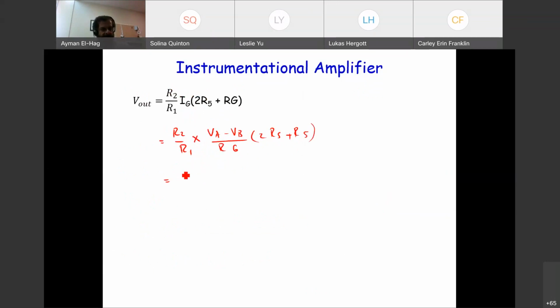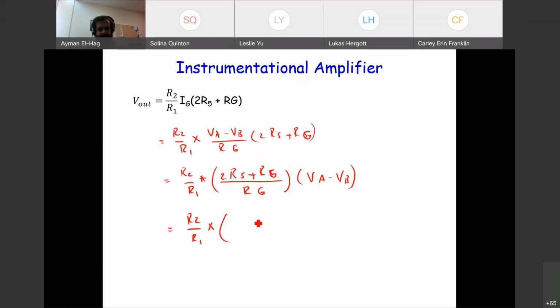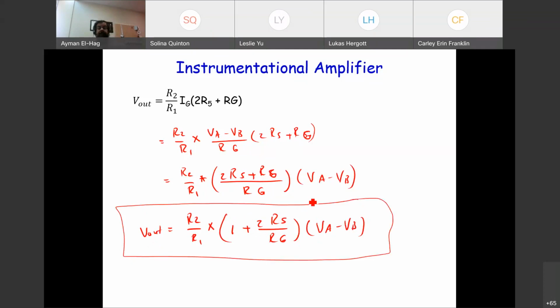We will have R2 over R1 times 2R5 plus RG divided by RG times VA minus VB, which is equal to R2 over R1 times RG over RG is 1 plus 2R5 over RG, times VA minus VB, and this is the relationship of the instrumentation amplifier.